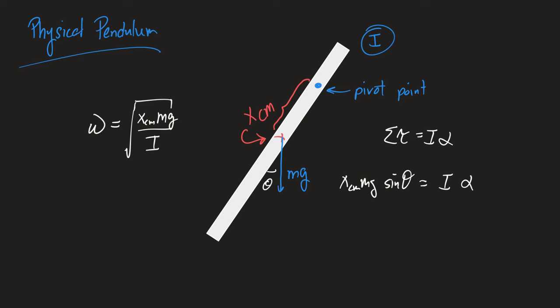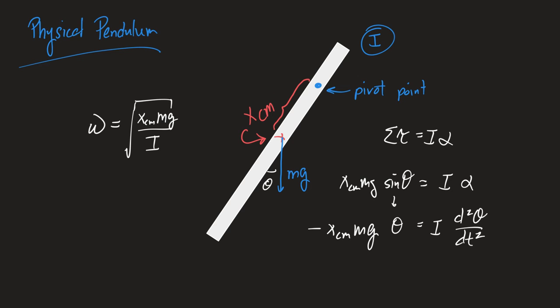And then say that, well, this is d squared theta over dt squared. And I'm going to say theta equals sine theta. All I need is to make you realize this is the opposite direction of theta.